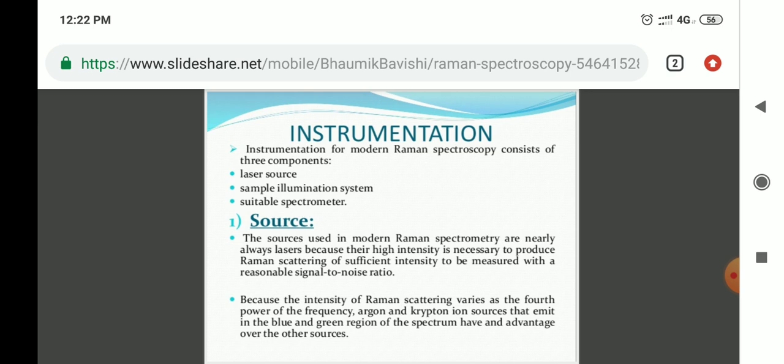And second, because the intensity of Raman scattering varies as the fourth power of frequency, argon and krypton ion sources that emit in the blue and green region of the spectrum have an advantage over the other sources.